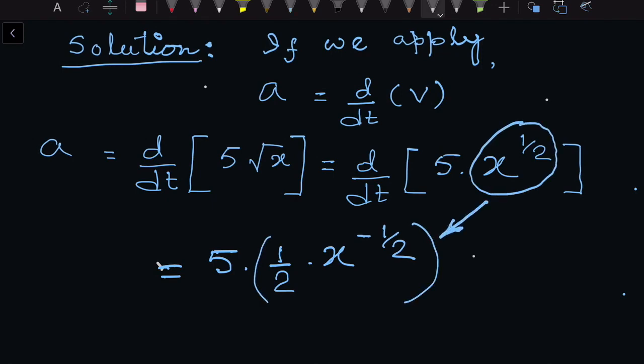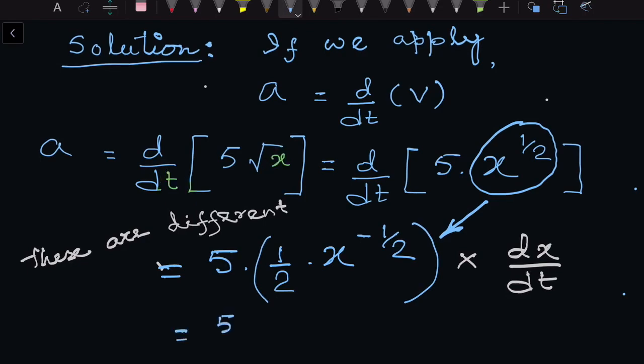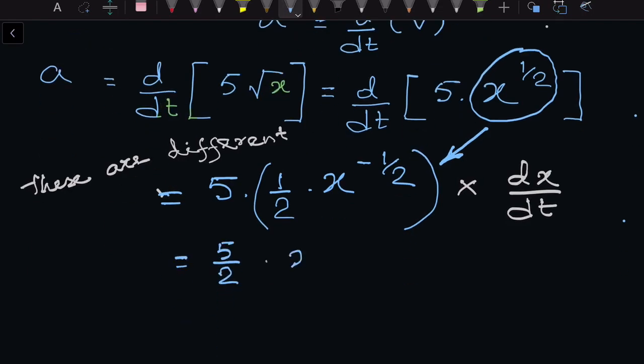So I think you understood this differentiation. Then into dx by dt. This is the part you need to understand. See here, t and x are not the same. These are different. So whenever you find different quantities being differentiated, you need to do this extra thing. And this dx by dt becomes v.